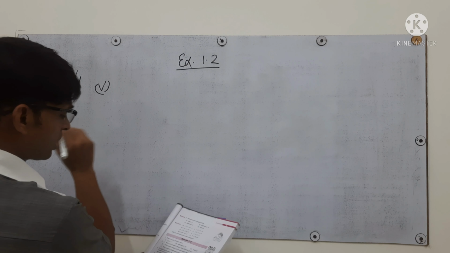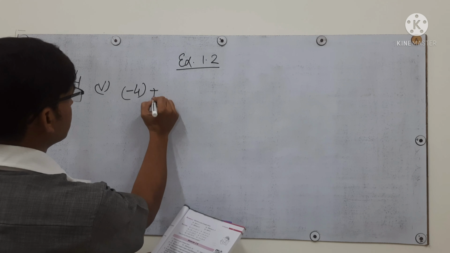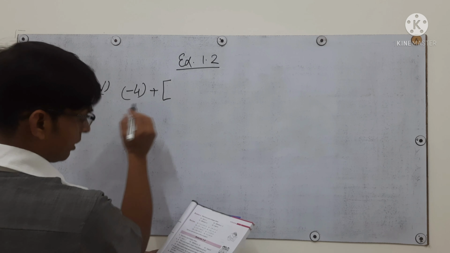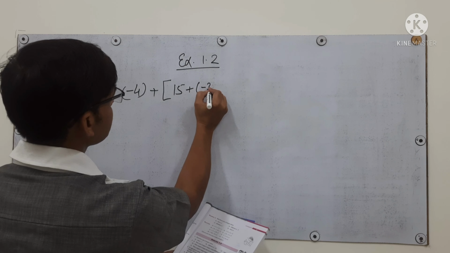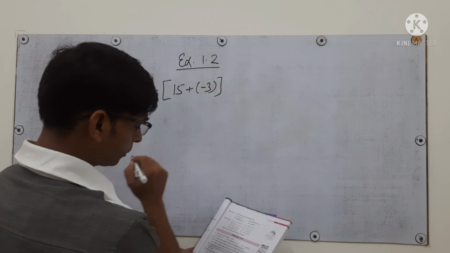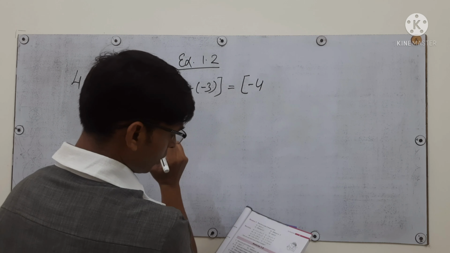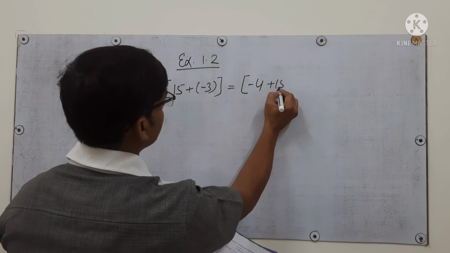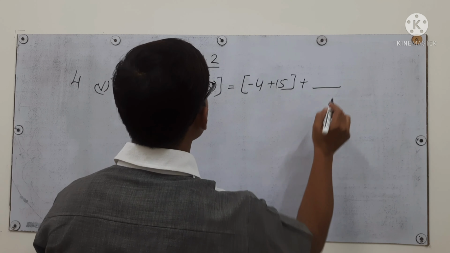Part 5 is just like this. Here it is given minus 4 plus, and here it is 15 plus minus 3, and here it is given minus 4 plus 15 plus, and here it is blank.